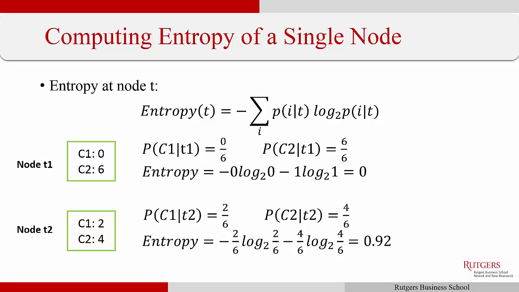And P(C2|T2) equals 4 divided by 6, which is 2/3. So the entropy is minus 1/3 times log of 1/3 to base 2, minus 2/3 times log of 2/3 to base 2, and equal to 0.92, which means it has a higher degree of impurity.